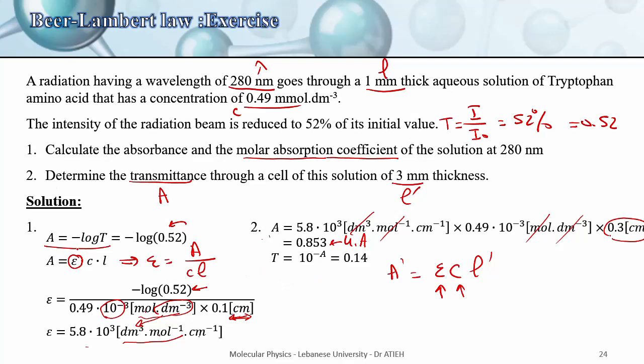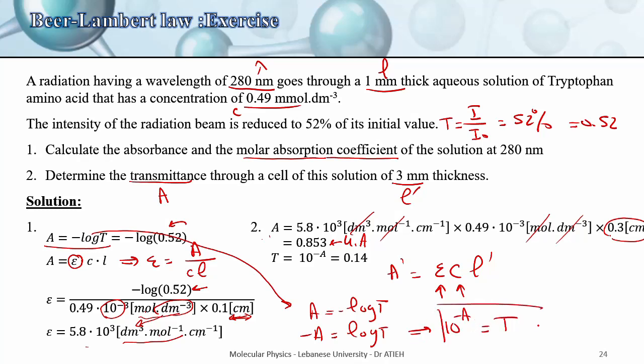From the relation A equals minus log T. So it's clear that minus A equals log T, and 10 to the power minus A is equal to T. The 10 and the log cancel, so we get T equals 10 to the power minus A. Calculated, you'll get 0.14. And this is the end of this exercise.